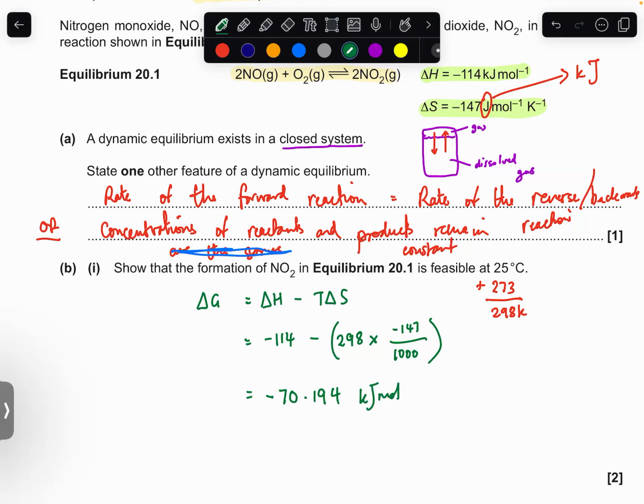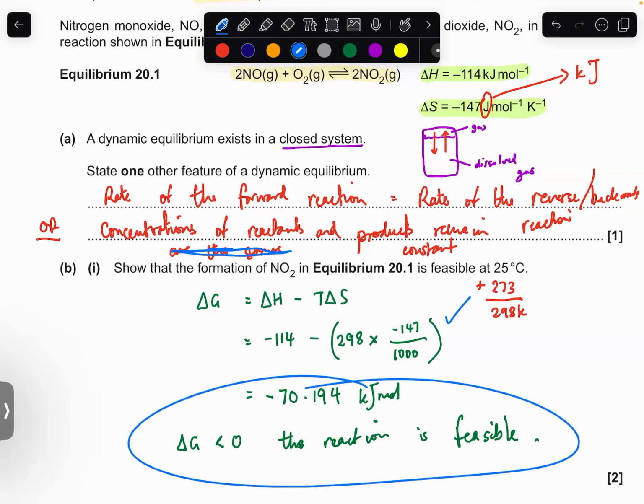And because delta G is less than 0, the reaction is feasible. If it's greater than 0, it's not feasible. Okay? 1 mark for the calculation, and 1 mark for these 2 points here.